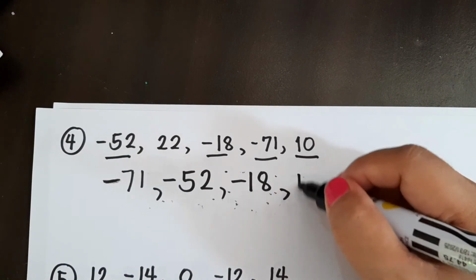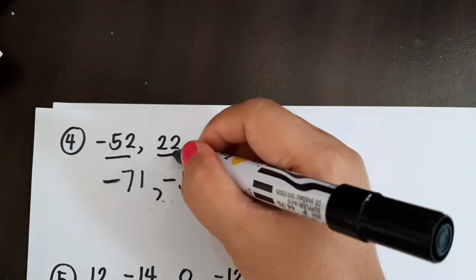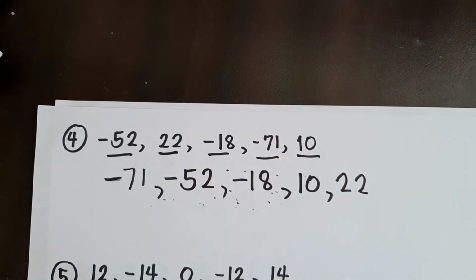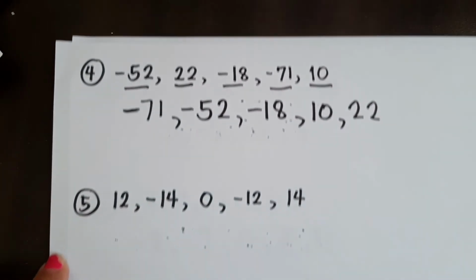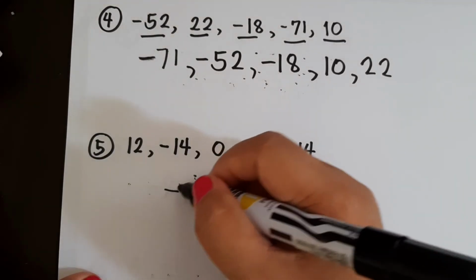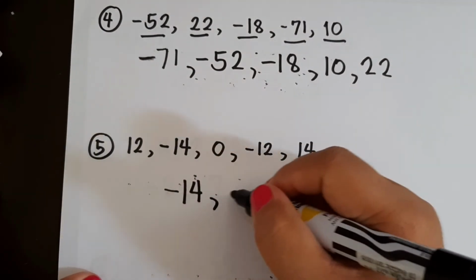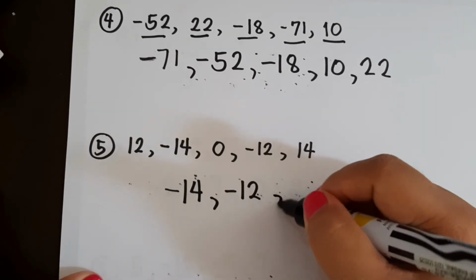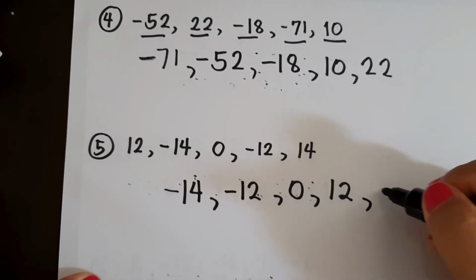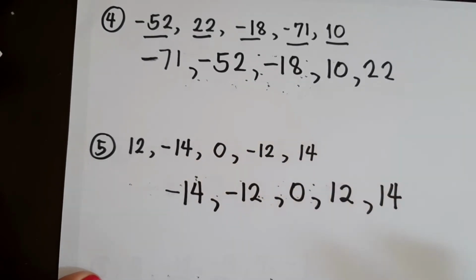Okay, so we have here 10. And the last one is 22, or the highest is 22. Next, we have the lowest one, which is negative 14. Next is negative 12. Next is 0. And then 12. And then positive 14.